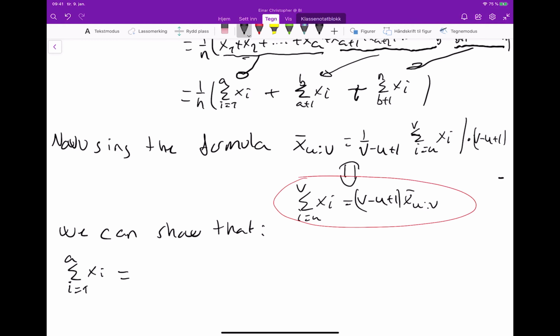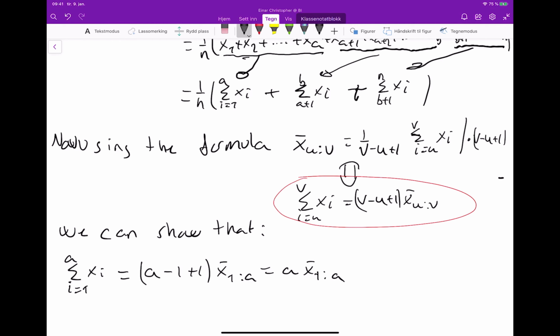Okay, we have to recognize that v is a and u is 1, so we get a minus 1 and always plus 1, x bar u, which is 1, colon v, which is a, which again gives a times x bar 1 colon a.